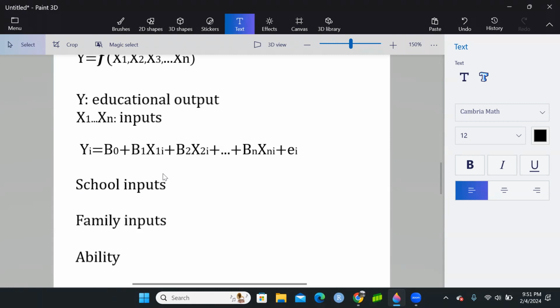This was the conclusion that James Coleman, the sociologist, came to in his 1968 report that's now known as the Coleman Report. He pretty much said it's really only family that matters.